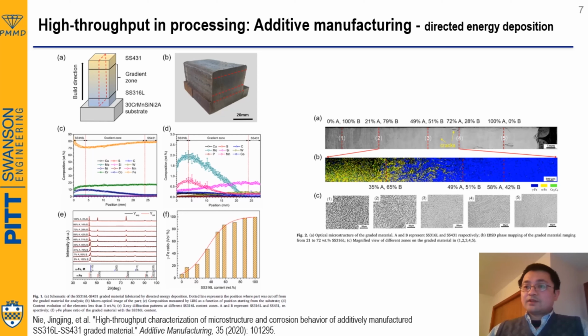And then you can further deposit another single-composition alloy. Therefore, you will form a gradient between alloy 1 and alloy 2. And looking at the right figure, you can study the process, property, and microstructure change along this building direction. And therefore, you can fix the alloy concentration at a certain layer thickness.